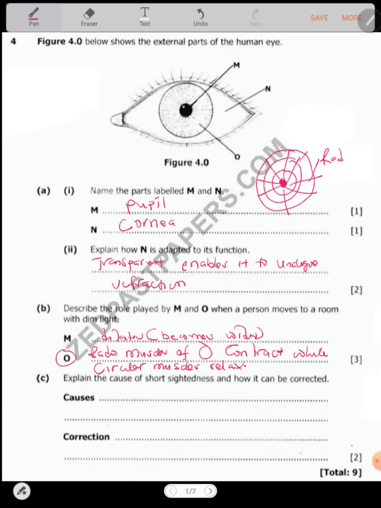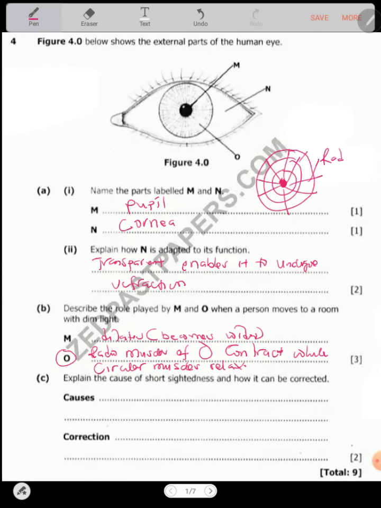Now, what causes this? This is because the light which is coming into the eye is being refracted in front of the retina. We know that the retina is the part of the eye where images are formed. When someone is only able to see things that are near, the images are brought into focus before the retina.